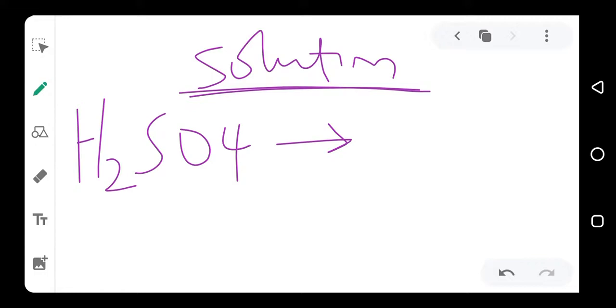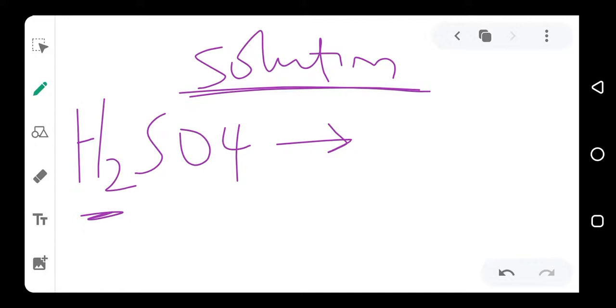For us to say that an acid has ionized completely means that it has given all its hydrogen atoms as hydrogen ions. Like this one has two hydrogen atoms, so when it ionizes, it must give all the hydrogen atoms as hydrogen ions.